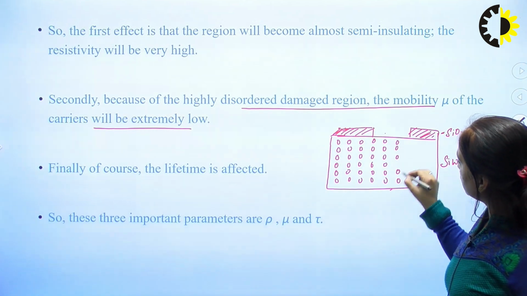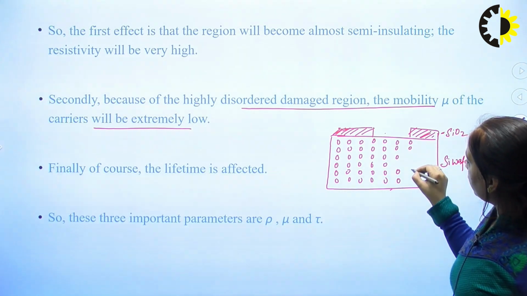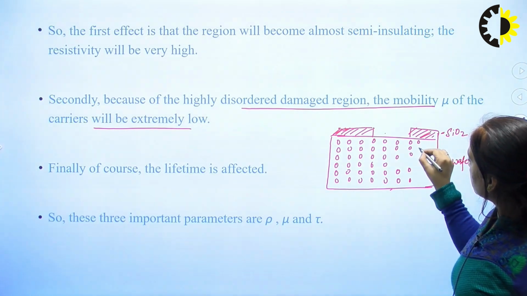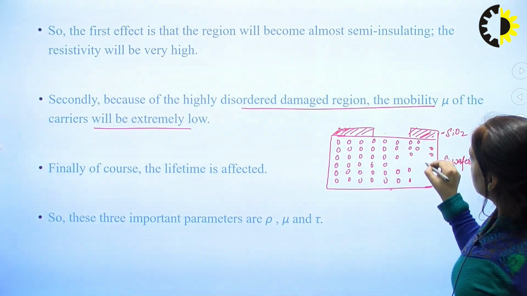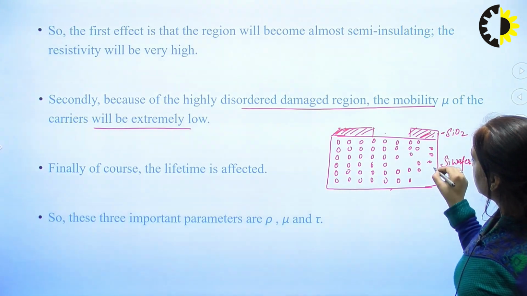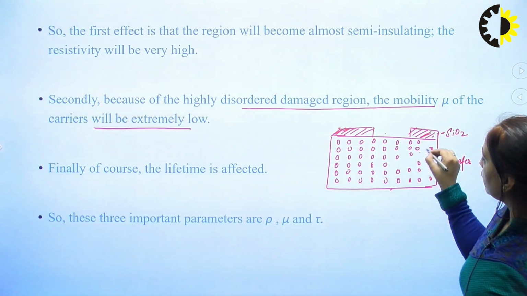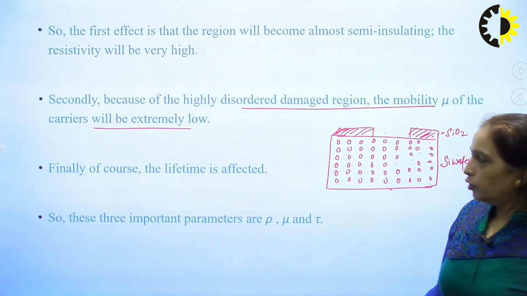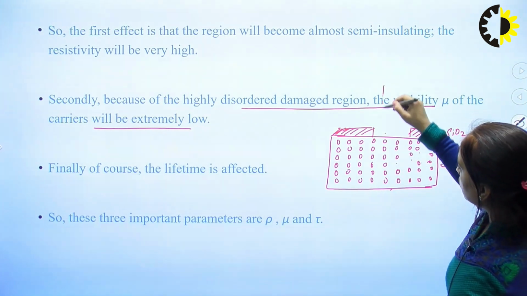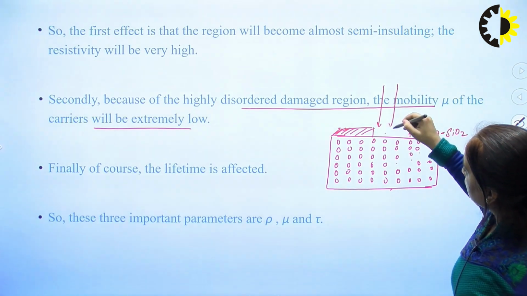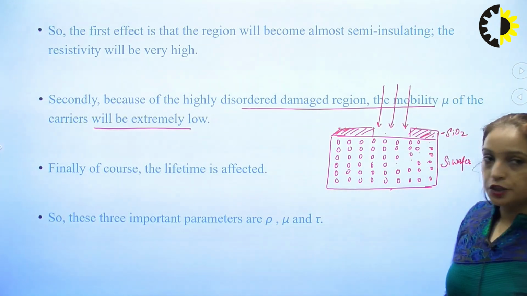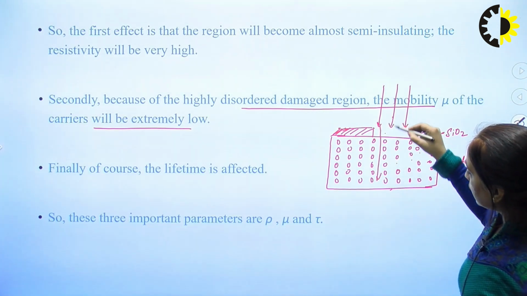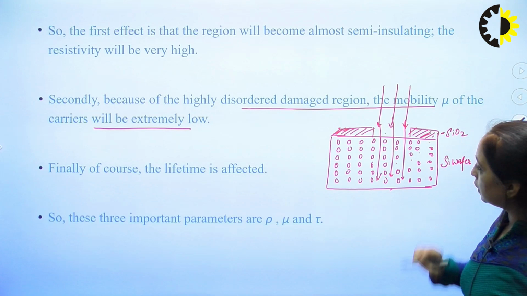Obviously, some impurities and point defects will be there. I have marked here some of the point defects, right? So if you implant a very high energy beam in this way, it will be directly targeted towards the end of the wafer.